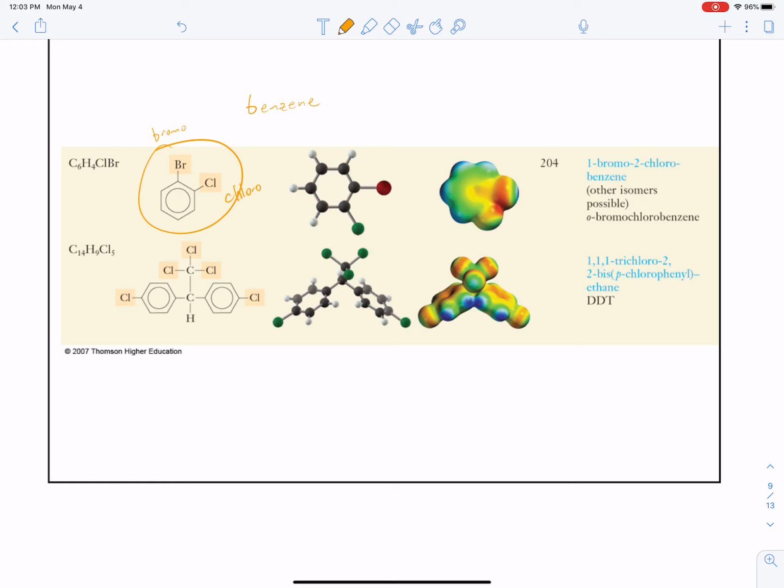Well, this time, if you have things where you've got to figure out what the number is, the smallest number goes with the biggest atomic number. Bromine has a bigger atomic number, so it becomes 1 bromo. Chlorine becomes 2 chloro. So then you would end up naming this thing 1-bromo-2-chlorobenzene.